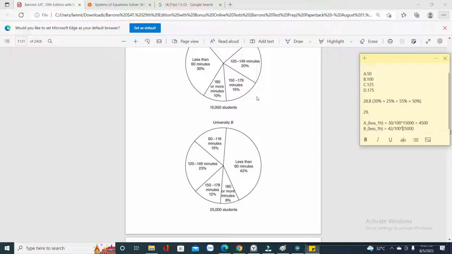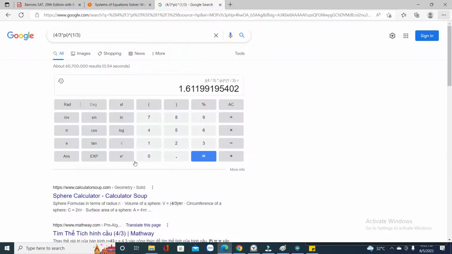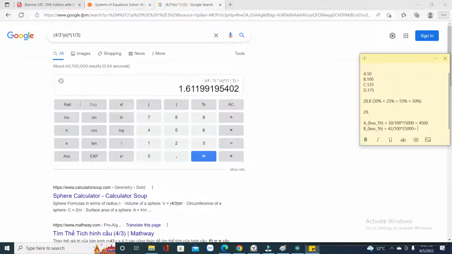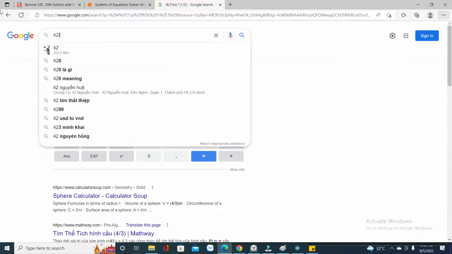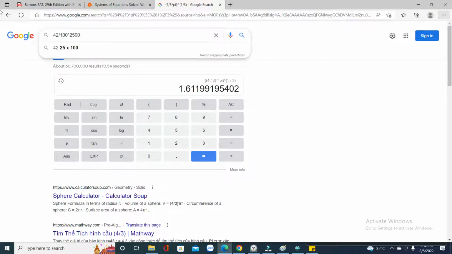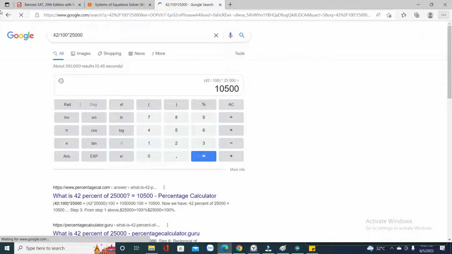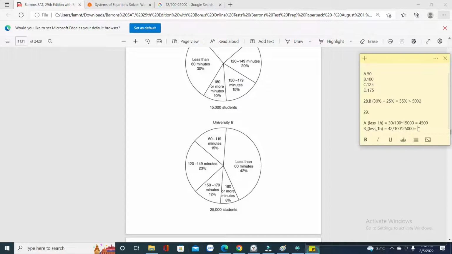I think I'm going to have to use a calculator. 42% of 25,000 returns 10,500.